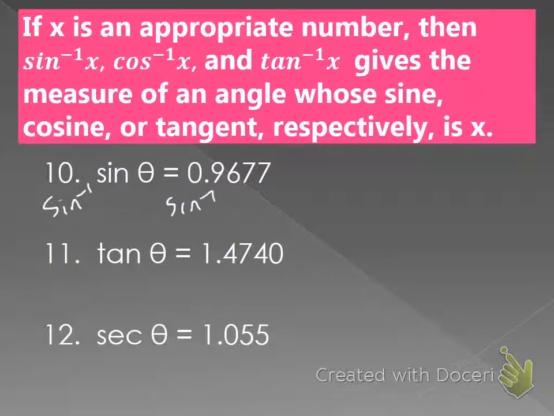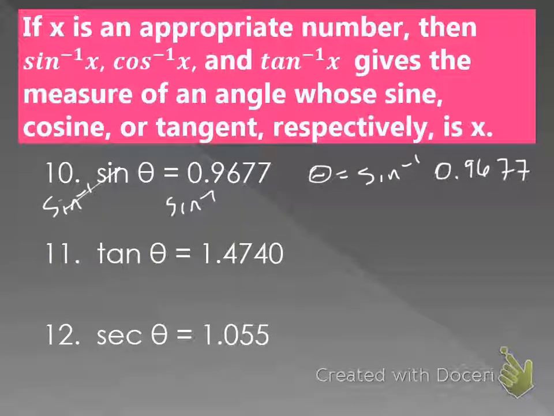So we got to take the inverse of sine. Now, understand that the inverse of sine is not cosecant. Inverses and reciprocals are completely different. All right? So when we get theta by itself here, we have to type in inverse of sine of 0.9677. Okay?